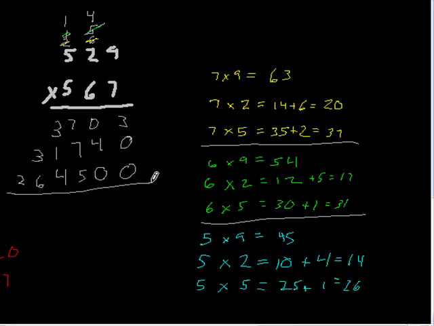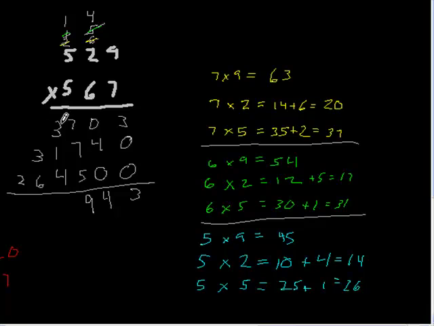And now let's add this number together. Starting with the 1 digits place value, I have 3 plus 0 is 3. Moving over to the 10 digits place value, I have 0 plus 4 is 4. 7 plus 7 is 14, plus 5 is 19.